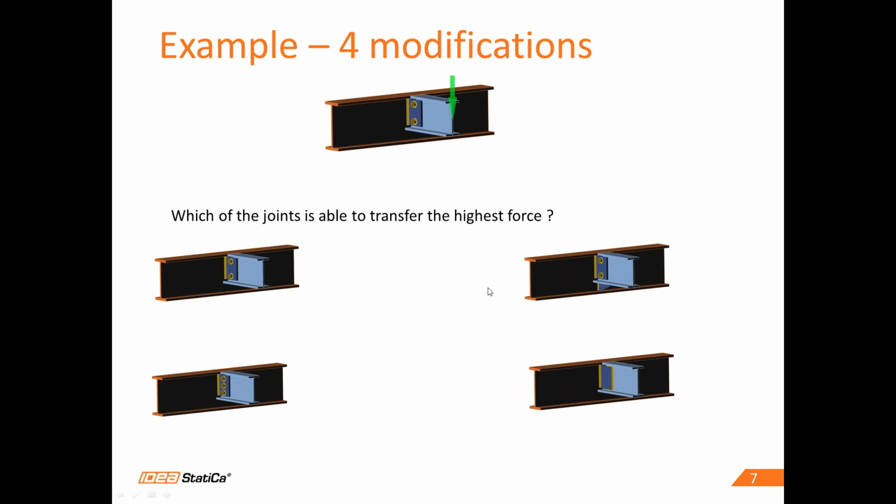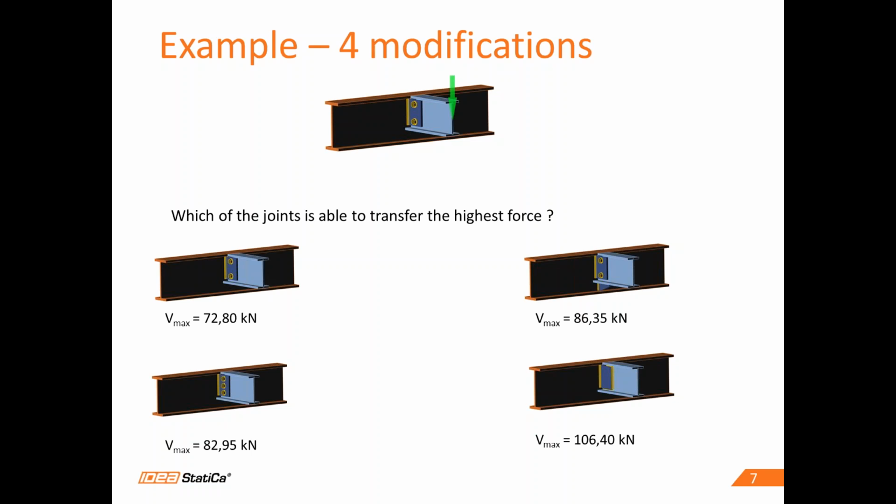I used Joint Design Resistance. Now I give you a few seconds. You can guess where the highest force is, but I think it is obvious. It is a very simple example, but good enough for our purpose. You can see that the maximum shear force can be applied to the connection which is welded.